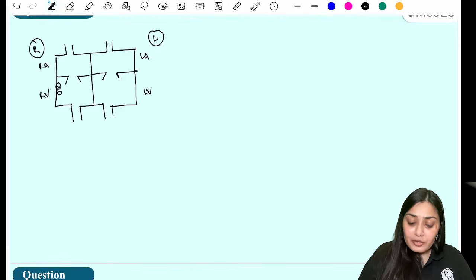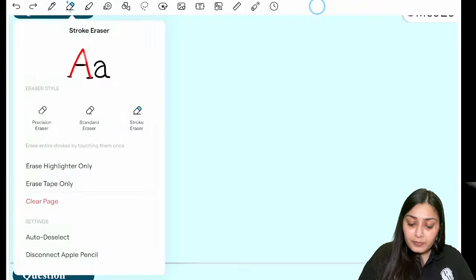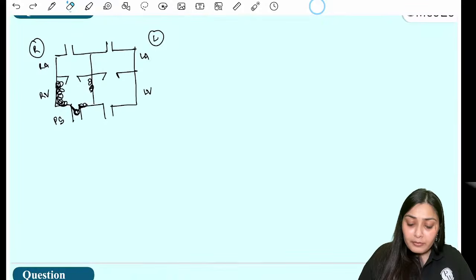We have right ventricular hypertrophy, hypertrophy of the right side. We have this stenosis, pulmonary stenosis, right? We have a ventricular septal defect. So this will be the VSD, and we have an overriding aorta like this, right?